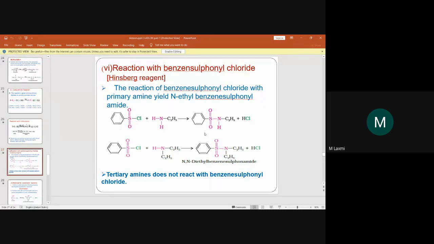For Finkelstein as well as the other reaction, we will be using mercurous chloride. In those cases, the halogen of the alkyl halide will be replaced by another halogen. That's called halide exchange. Nobody is remembering anything, right? So unless you correlate the reactions, it will be difficult.